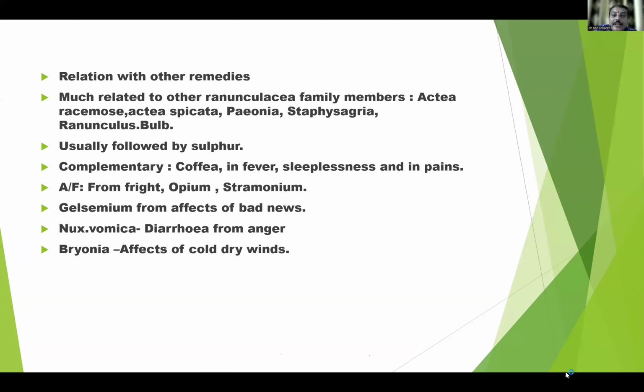So Aconite is termed as a remedy from the acute miasm of the Ranunculaceae family, whereas Staphysagria, with its control in chaotic conditions, where everything is suppressed, belongs to the cancer miasm of the same Ranunculaceae family.